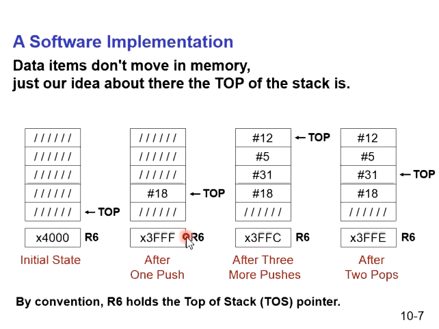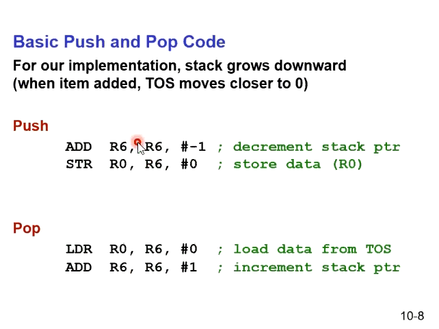For example, over here now you have the bottom of stack, and if you want to push a data item to the stack, firstly you need to decrement the value of the stack pointer R6. So over here now firstly we decrease the value of the stack pointer R6.